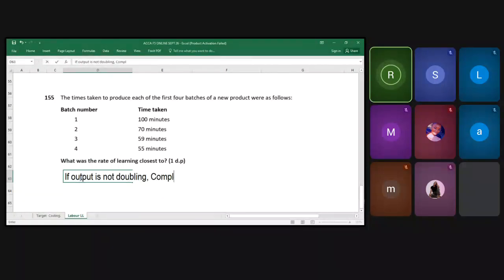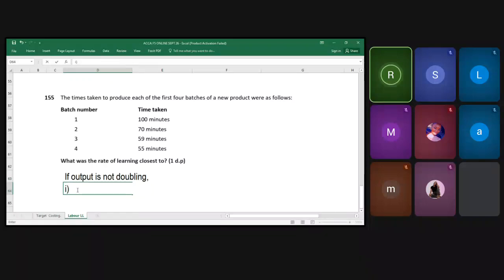complete the table with what's given. That's the first thing. So number one, you have to complete the table. Let me just put it as one here.